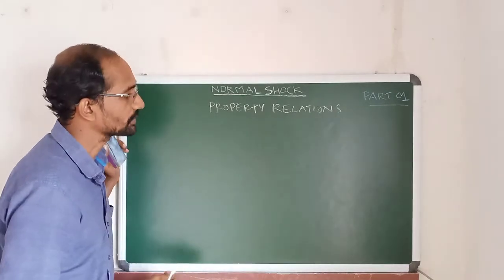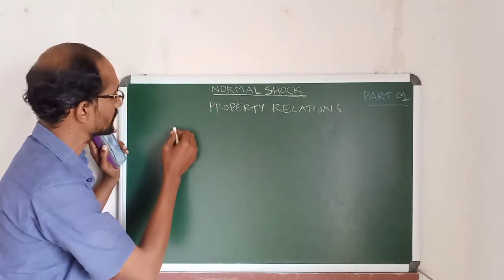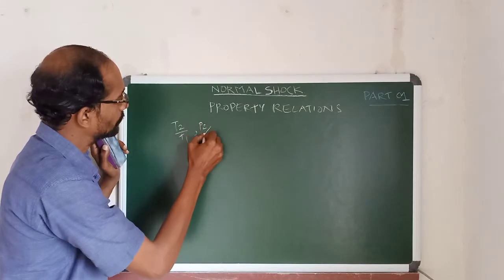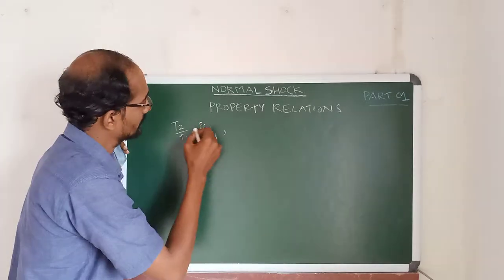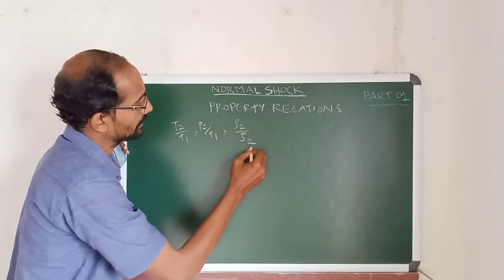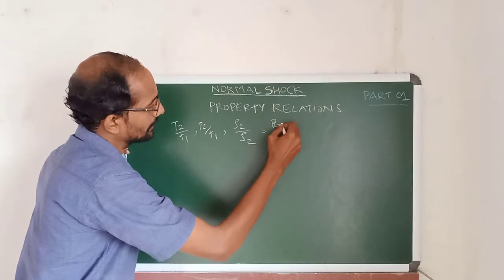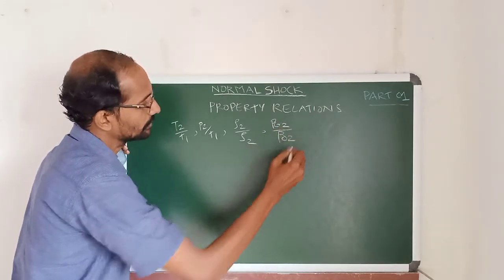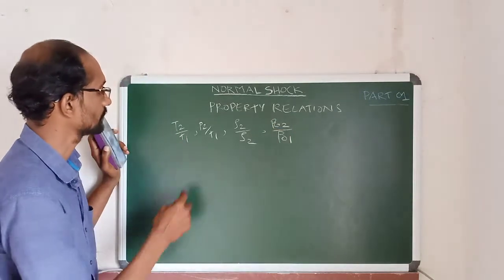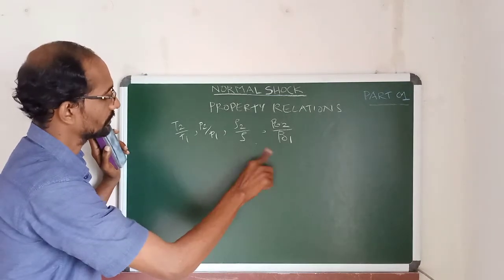The main property ratios across the normal shock wave considered here are T2 by T1, P2 by P1. This is the temperature ratio, this is the pressure ratio, then the density ratio across the shock wave, and also the ratio of stagnation pressure across the normal shock wave.